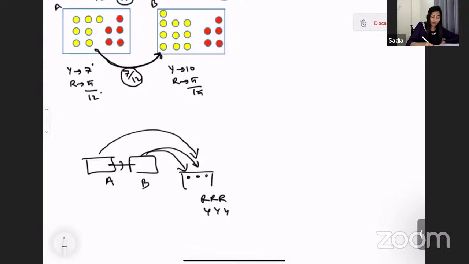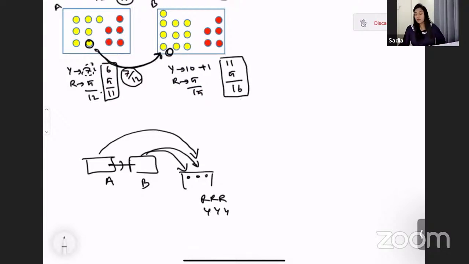If you shift one yellow marble from bag A to bag B, obviously this will increase the number of yellow in bag B. So now number of yellow is 11, red is fixed 5, so in total 16. And one yellow marble will decrease from bag A, so this will be 6, red is 5, total 11.